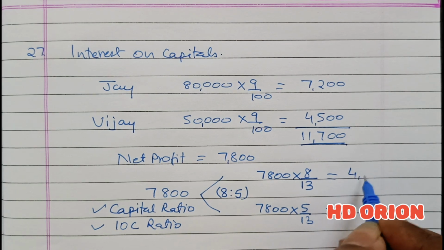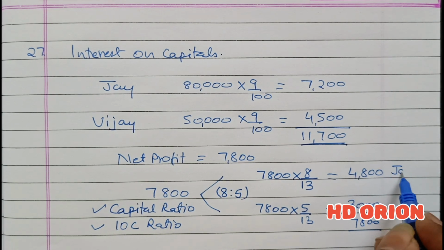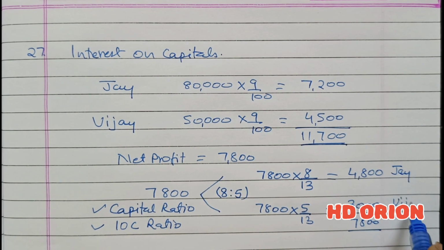It is 4,800 for the first partner and it is 3,000 for the second partner. So 7,800, that is for Jay and Vijay. Now this way it is justified, means the same percentage or the same degree is Vijay sacrificing. So in this way it is justified. No other way will satisfy this thing. Fine. So we have to keep it in mind.